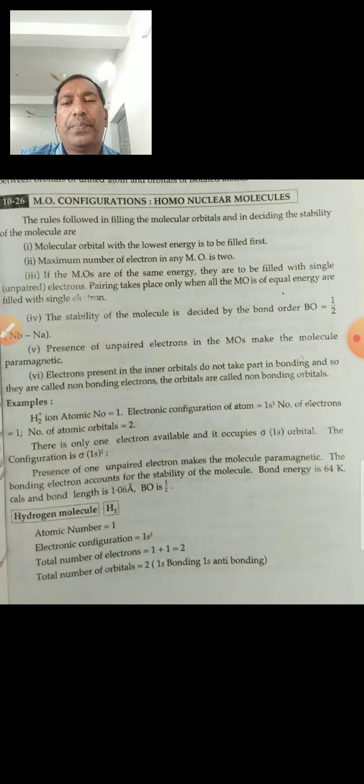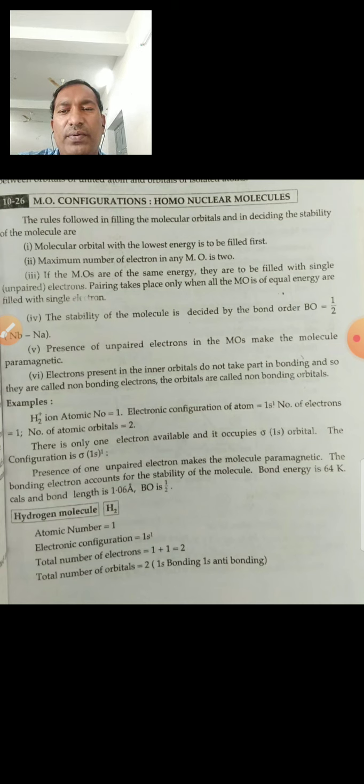Presence of unpaired electrons in the molecular orbitals makes the molecule paramagnetic. Electrons in the inner orbitals do not take part in bonding, so they are called non-bonding electrons, and the orbitals are called non-bonding orbitals.